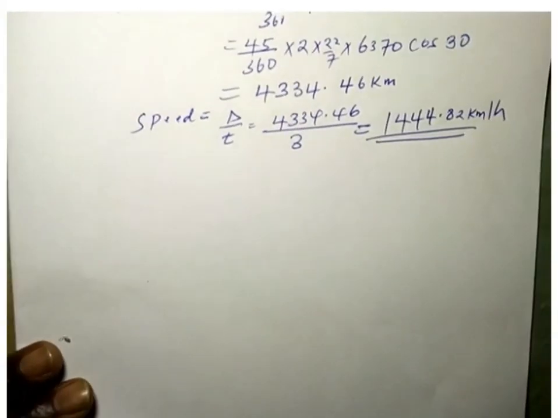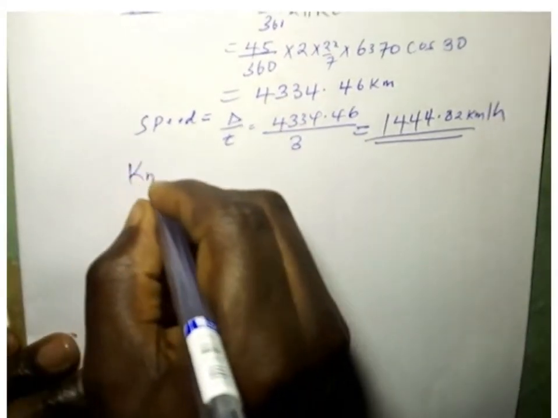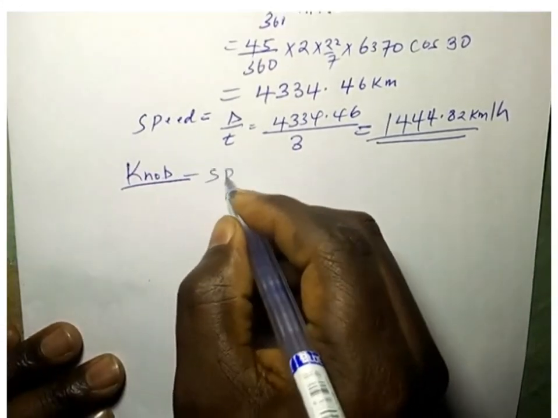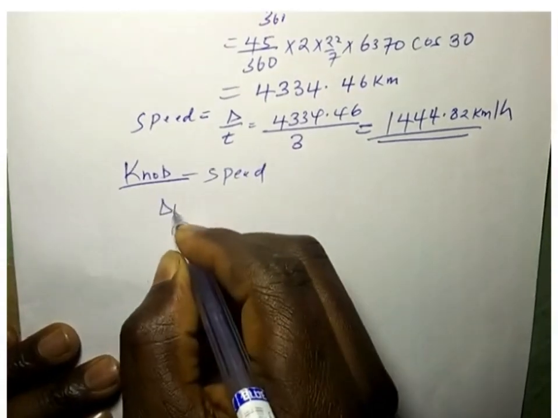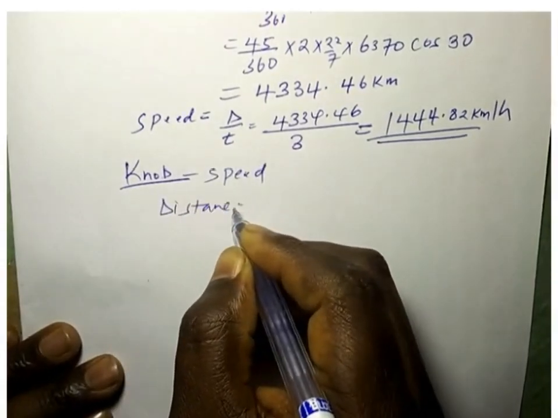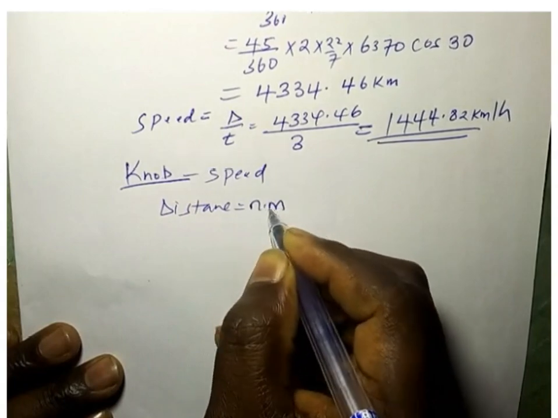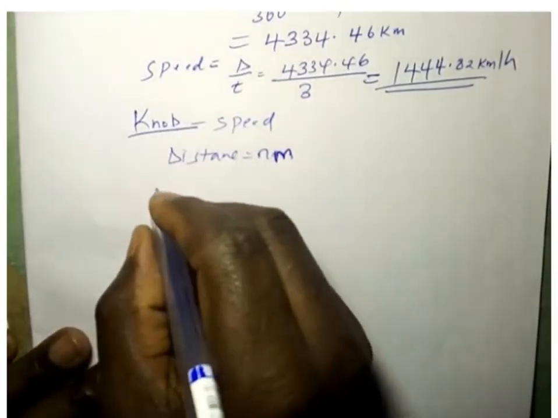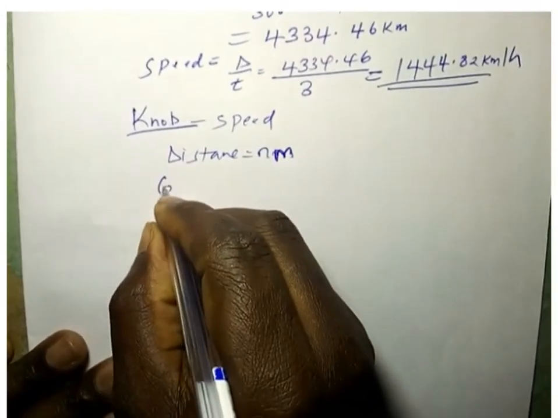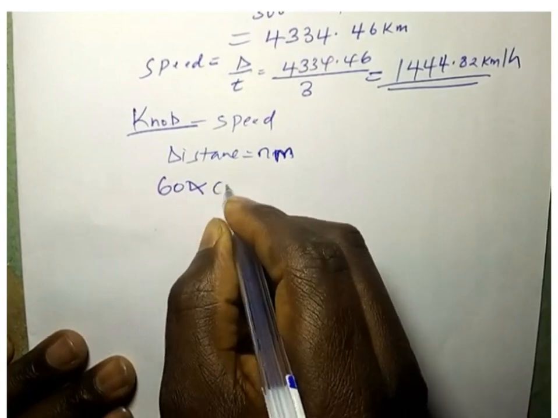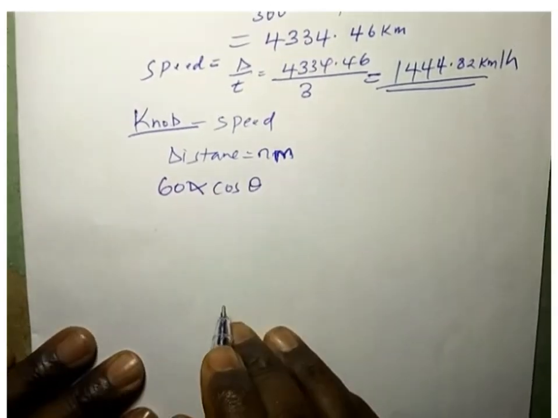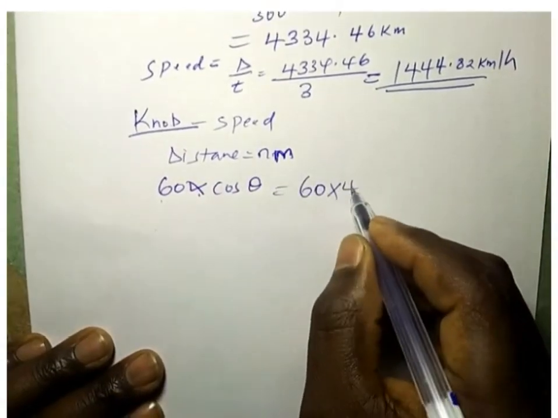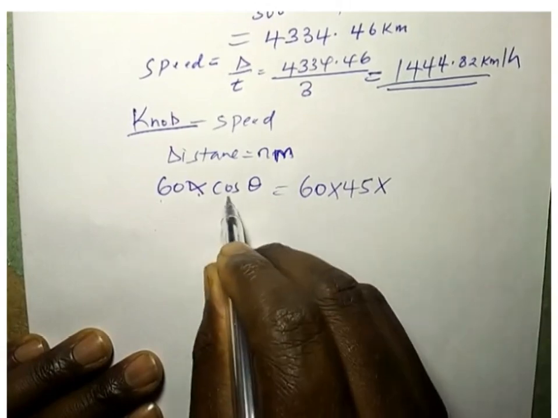Part B, we are supposed to calculate in knots. For you to calculate the speed in knots, we must have distance in nautical miles. But we know distance in nautical miles is given by 60 alpha cos theta. We have 60, which is a constant, times alpha, which is 45, times cos 30.